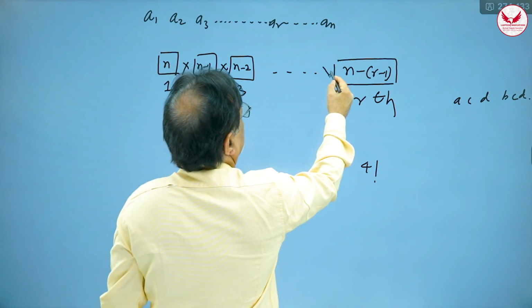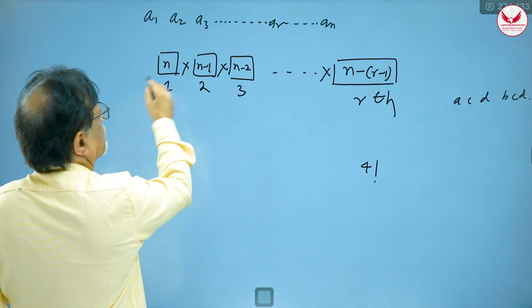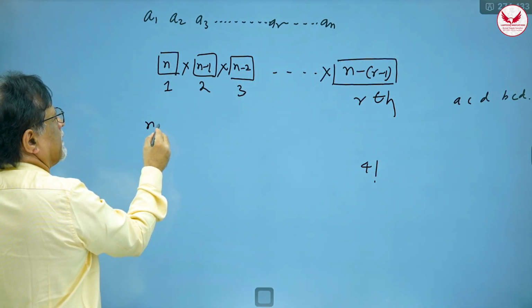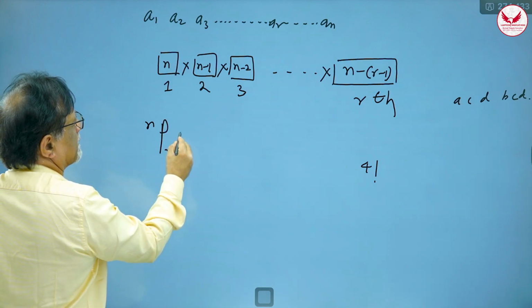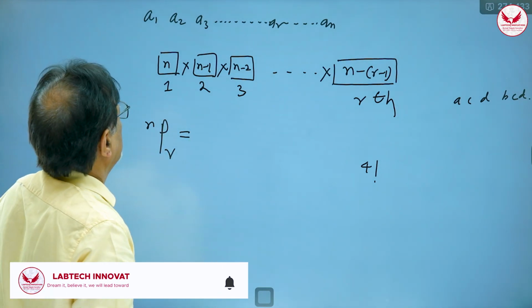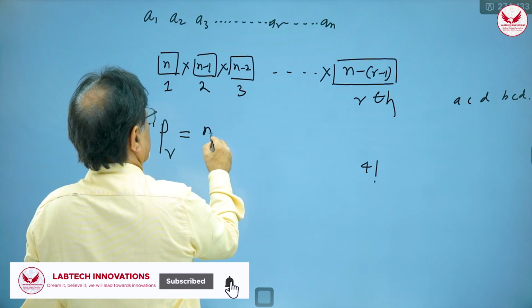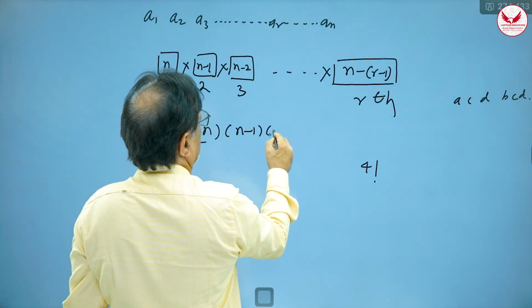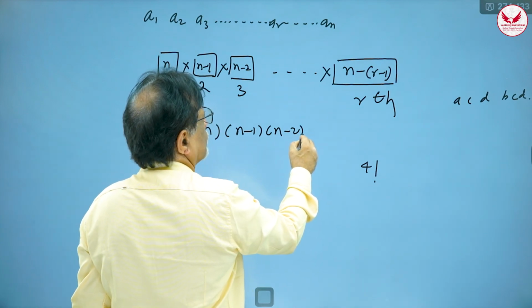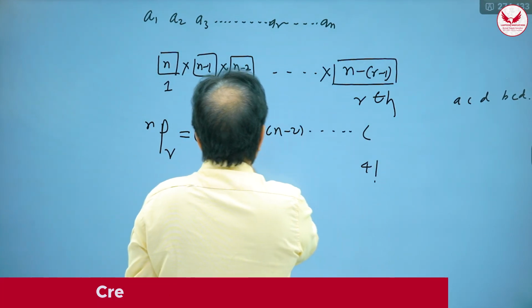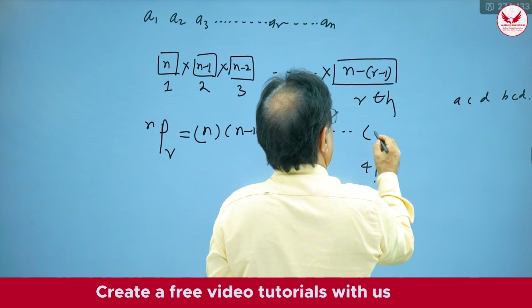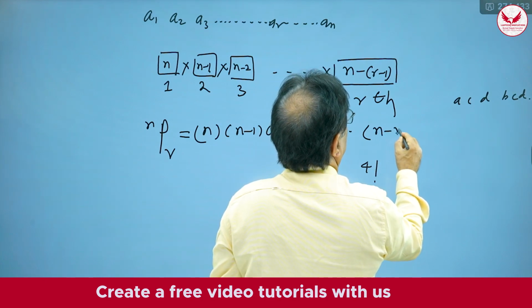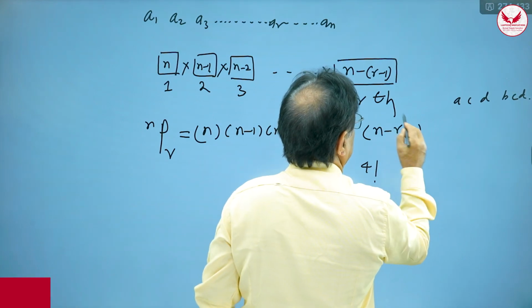So we apply the multiplication principle. So this number, as I already defined, is nPr, right? So what is nPr? nPr is nothing but start from n, go on backwards: n minus 1, n minus 2, go on like this till the number of brackets is r. That will be n minus r plus 1, right?